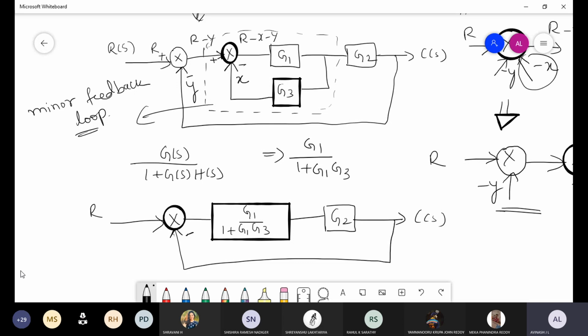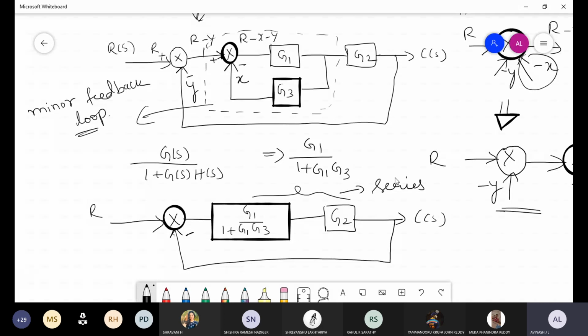The same thing what I did. So now once I have taken this one, these two blocks are in series with each other, isn't it so? Yes, sir.